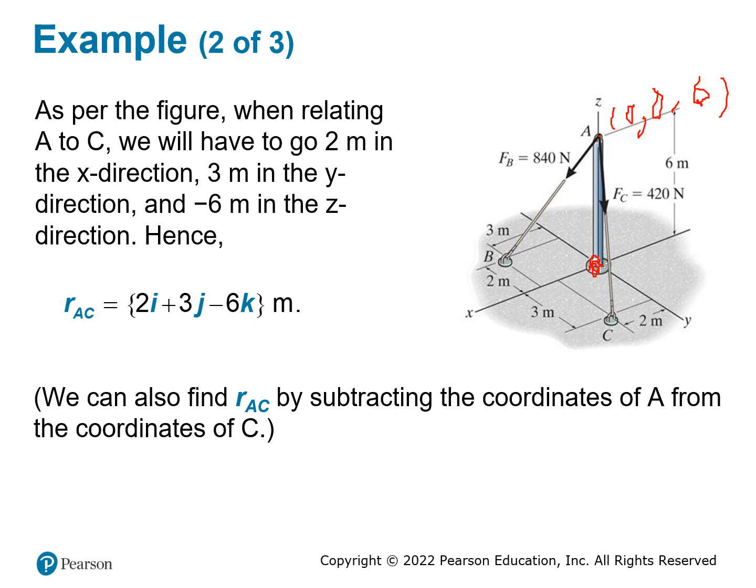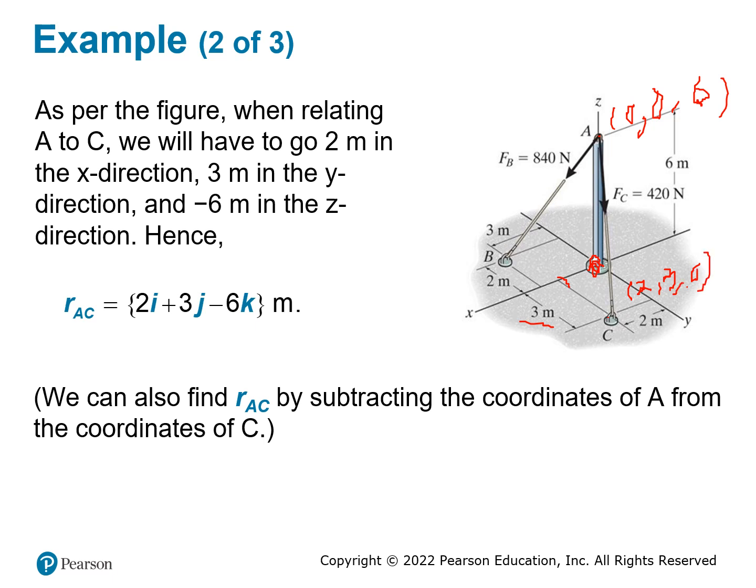What about C? For C, x is 2, y is 3, and z is at the origin level, so z is 0.